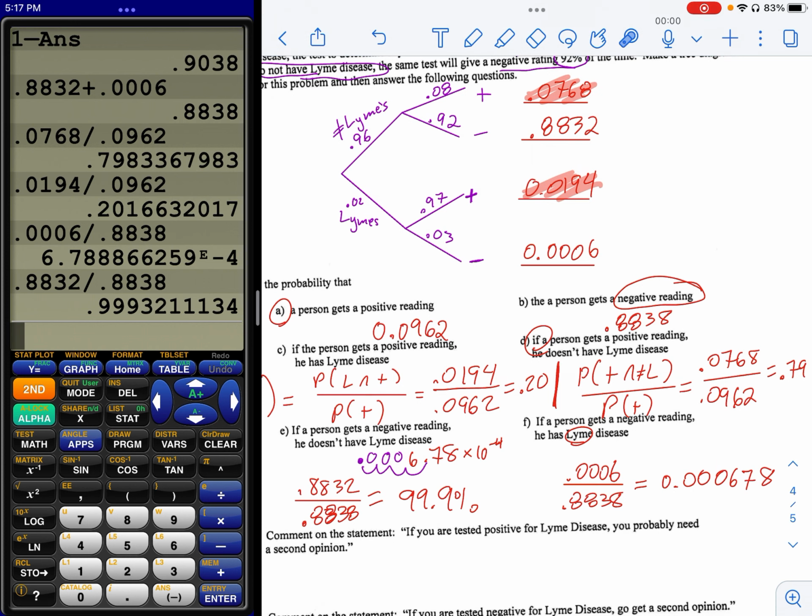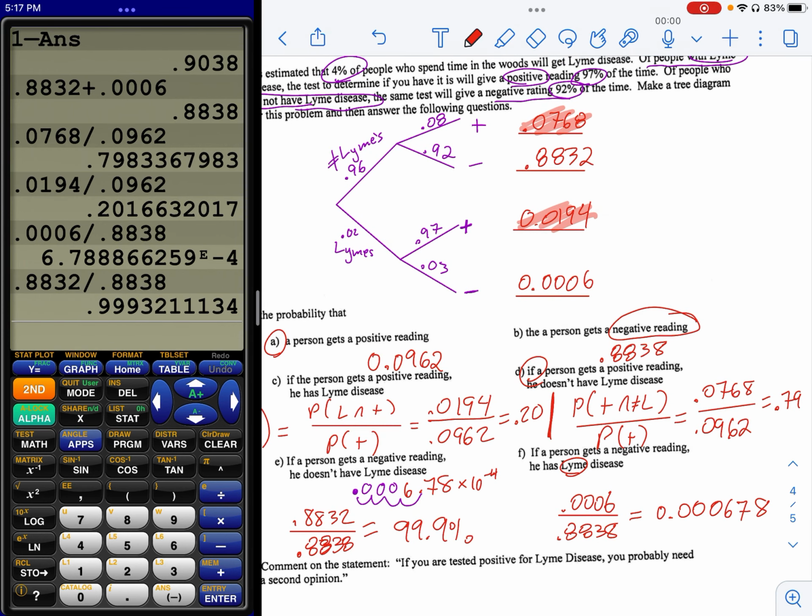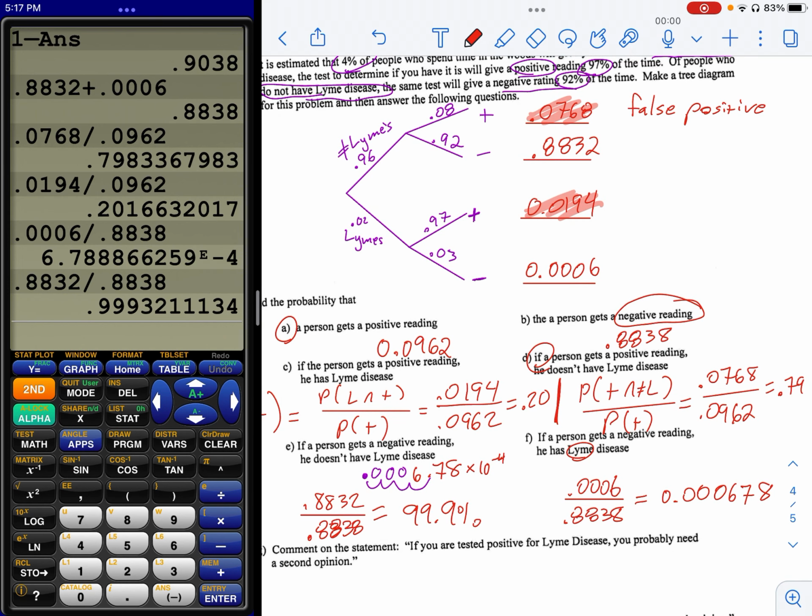If you tested positive for Lyme's, you probably need a second opinion. So, these are false positives, meaning these people don't have Lyme's, but they had a positive test. This was a correct positive.